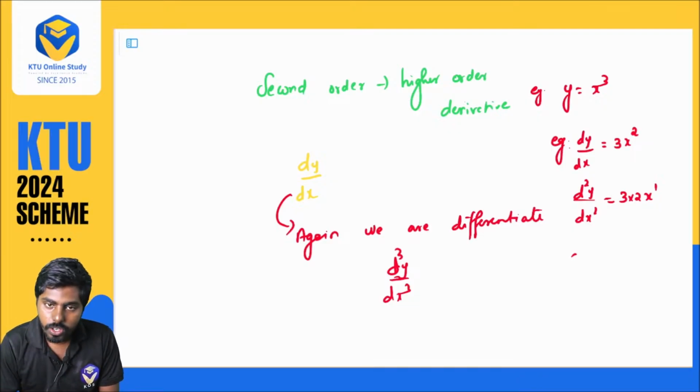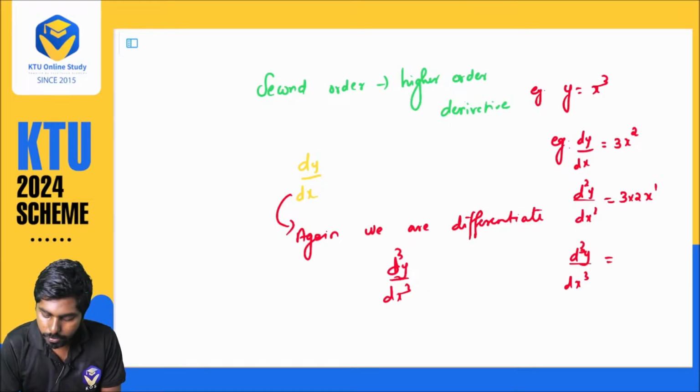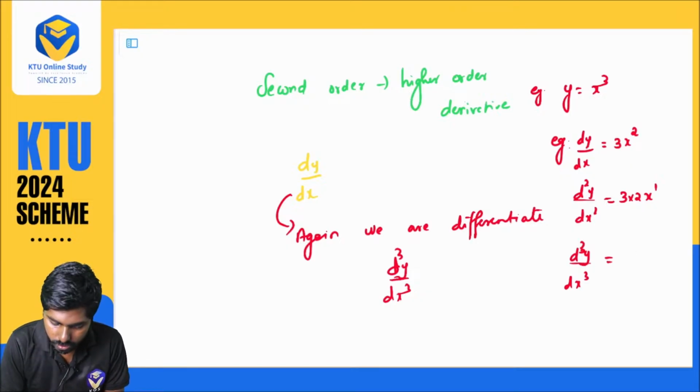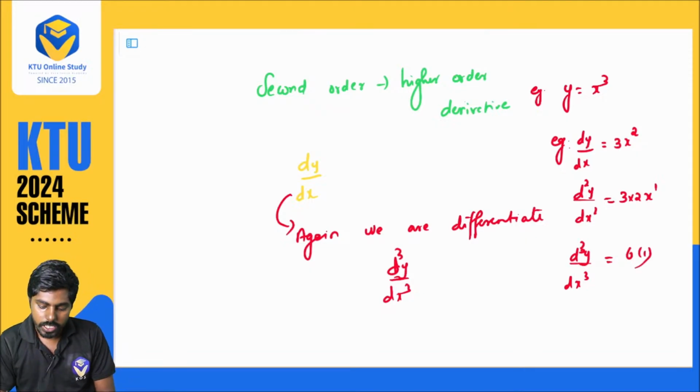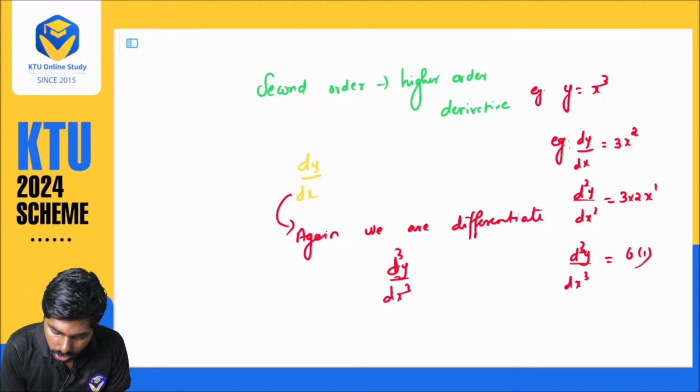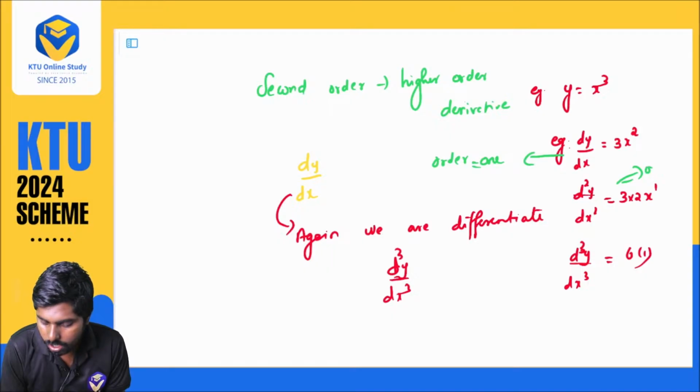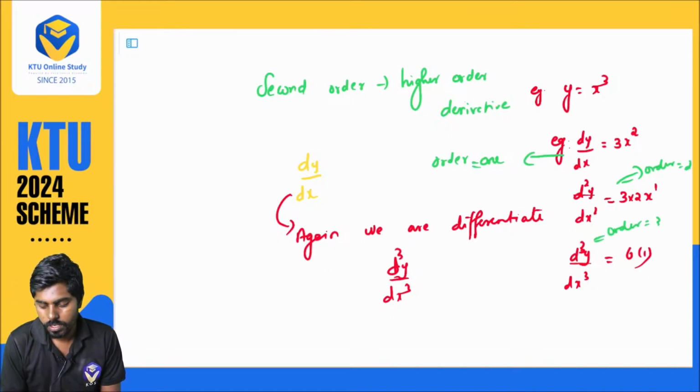Again differentiating, it will become 2 into 3, that is 6 into 1. This is order 1, this is order 2, this is order 3.